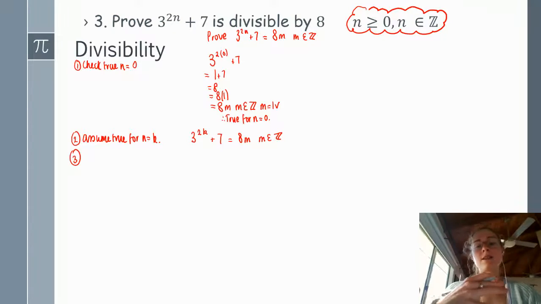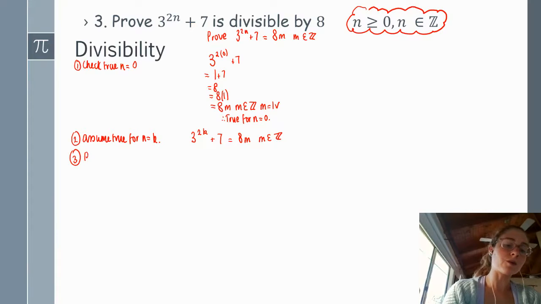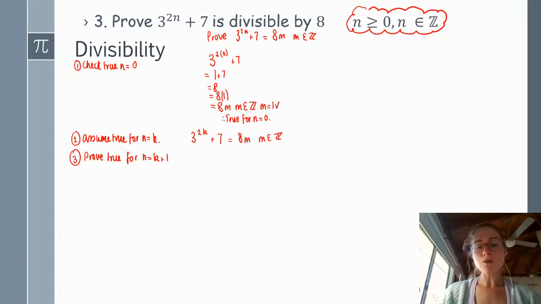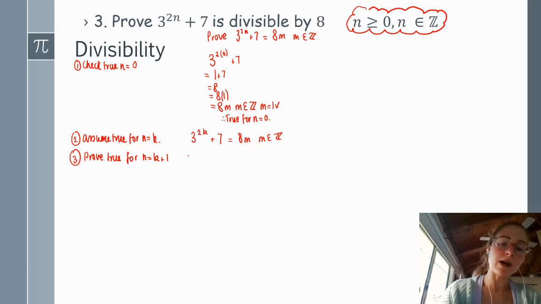This one's actually a nicer step than summation. So we've got to prove true for n equals k plus 1. So everywhere you see an n, this time all you're going to do is put a k plus 1.